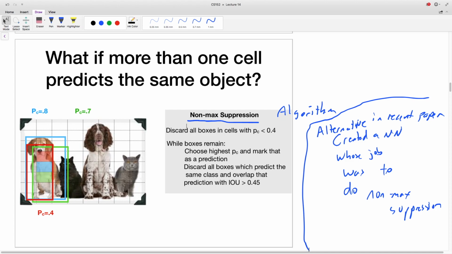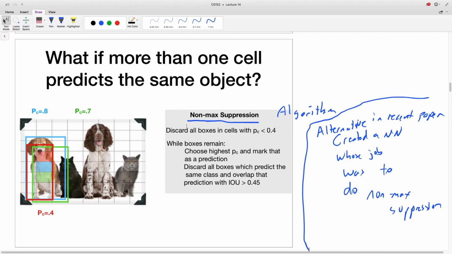A cell is the rectangular, same-sized object here, right? It's our predefined area. And then the boxes are the predictions. So the first thing we're going to do is discard all the boxes in the cells where we're not very sure whether there's an object there or not.